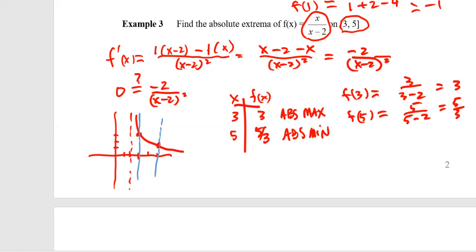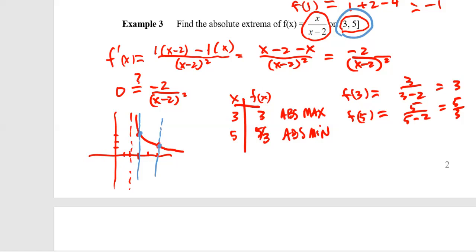So you can see that the maximum does occur over here on this endpoint and the minimum over here, because that's literally the highest point on the graph here and the lowest point on the graph. So that's all we're looking at. Doesn't matter what the rest of the graph looks like. For this interval, this is true.